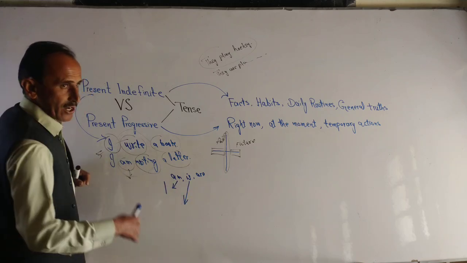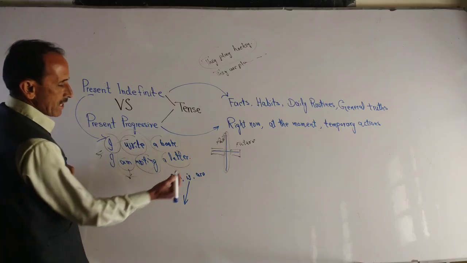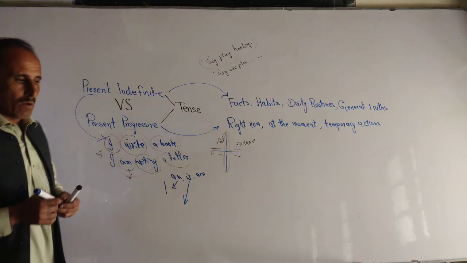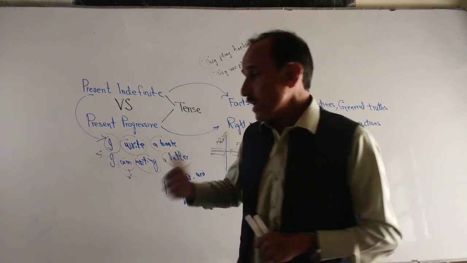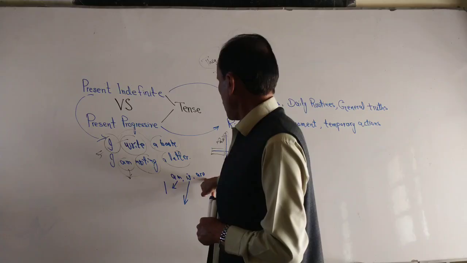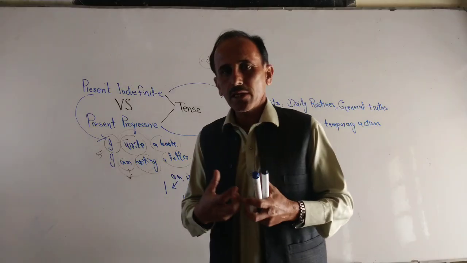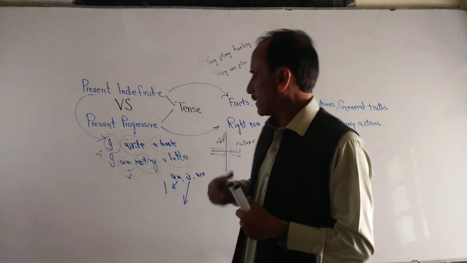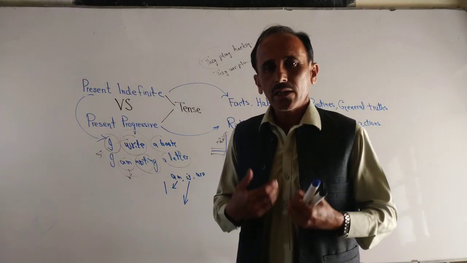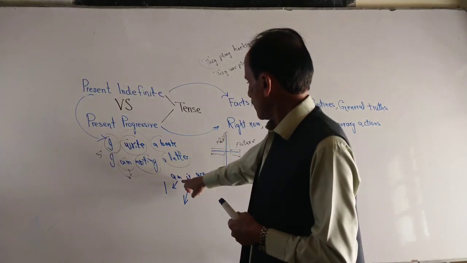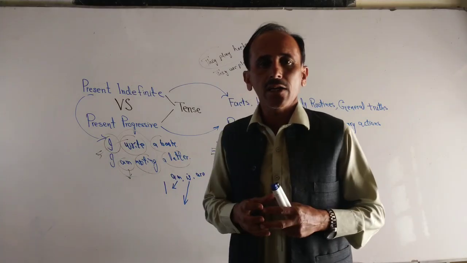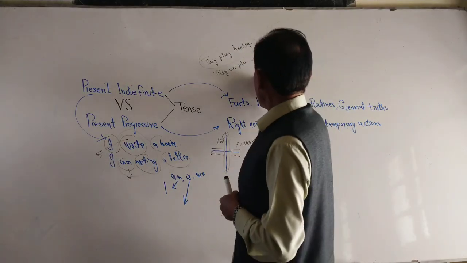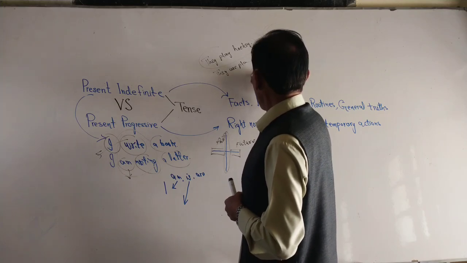With he, she, it, or a singular noun, we use is: he is, she is, Bob is, it is. When the subject is plural, for example they, we, we use are: they are. We use these auxiliary verbs with the main verb and add ing.